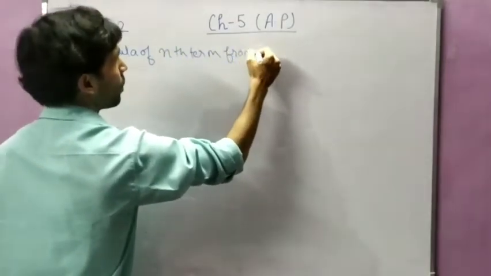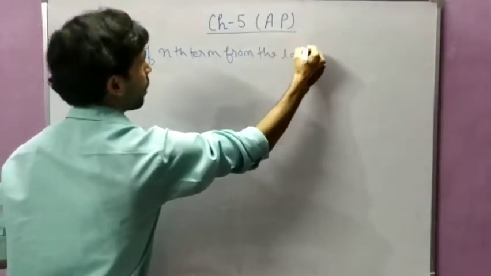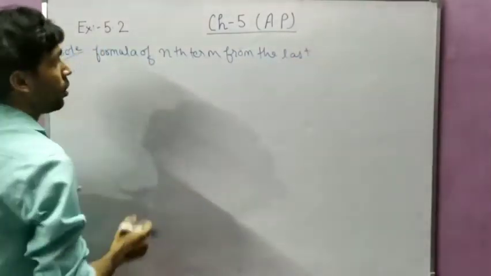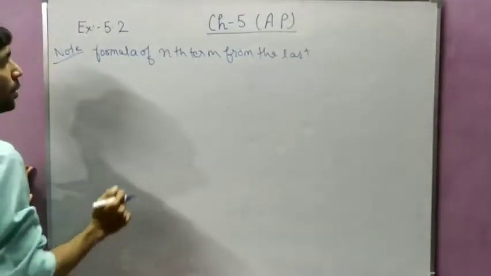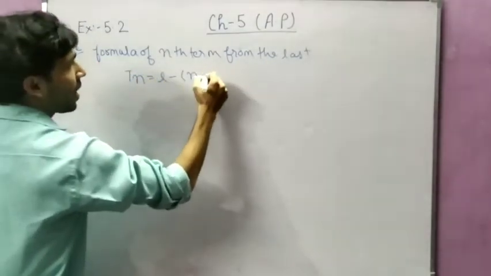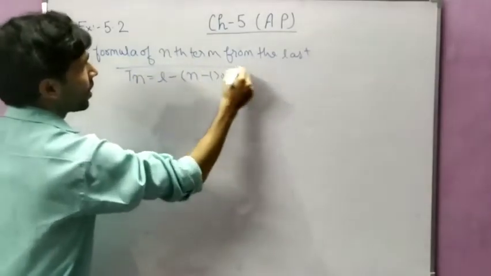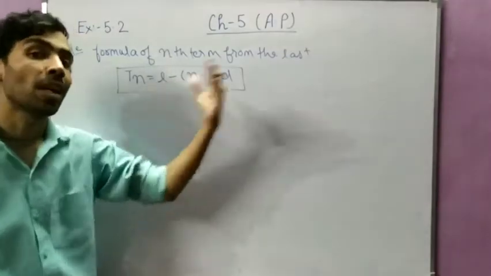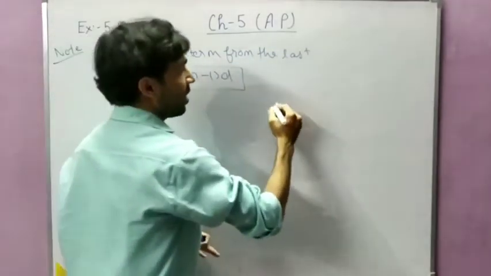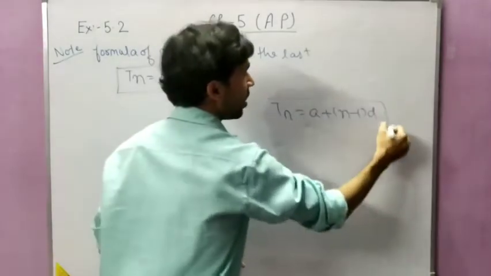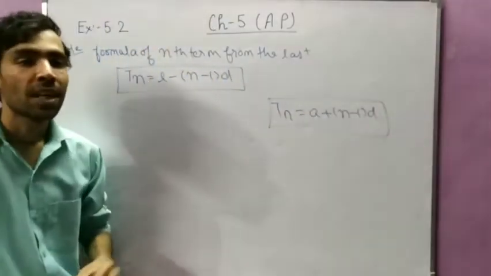from the last, meaning from the last, what will this term be, meaning which will be the nth term. So the nth term from the last will be Tn is equal to L minus (n minus 1) d. This is the formula for the nth term from the last, and a plus (n minus 1) into d is the nth term from the starting.